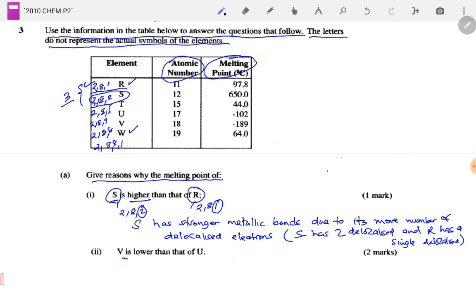The melting point of V is lower than that of U. So if we revisit V, V is 288 and U is 287. This is diatomic. This is monoatomic.